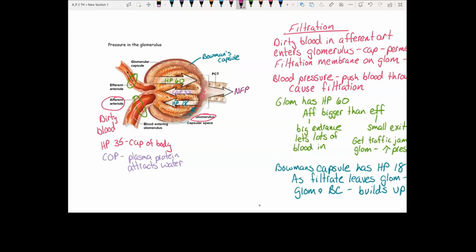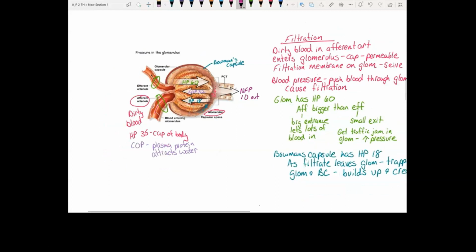It's what you get if you add all of these up. So you have 60 going out, 32 going in, 18 going in. 32 and 18 adds up to 50. So you have 50 coming in, you have 60 going out, you end up with 10 out. That is your net filtration pressure.